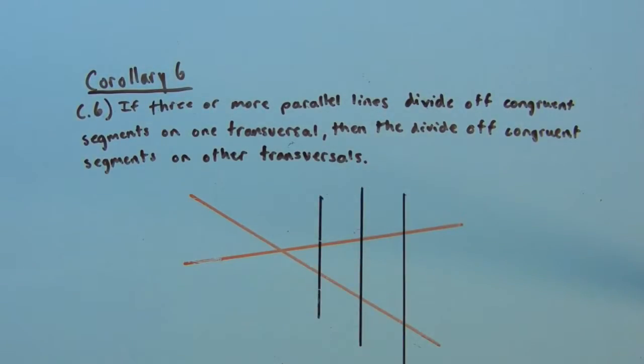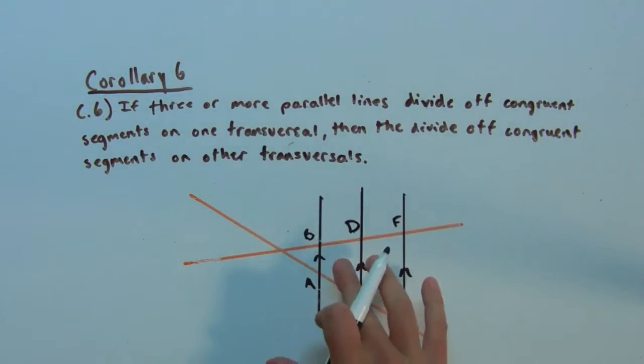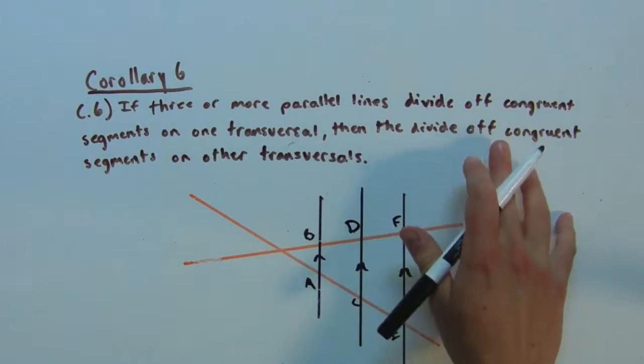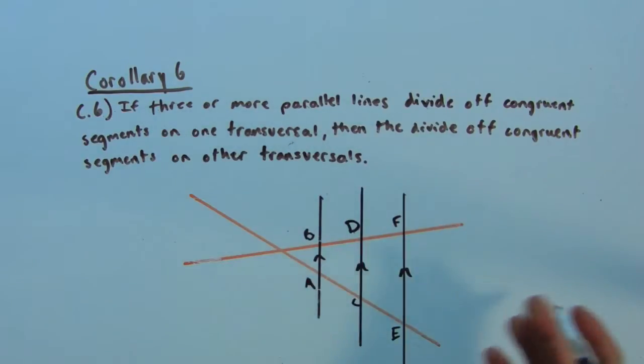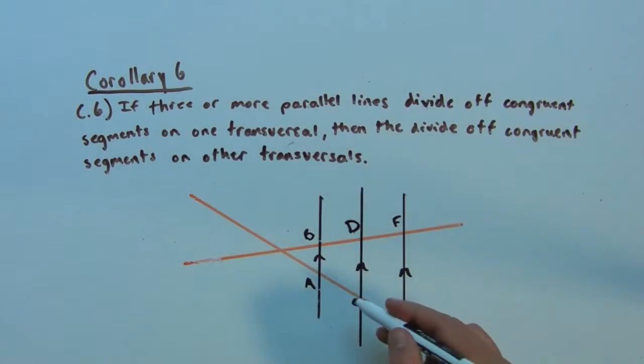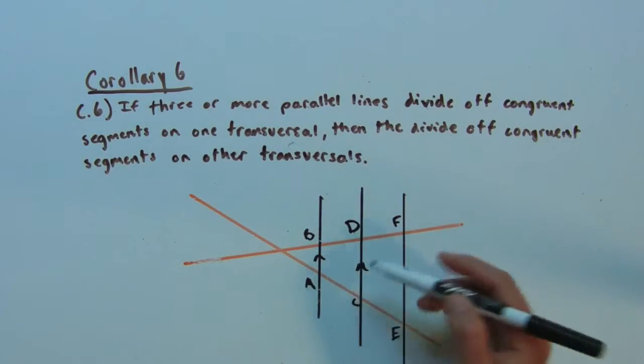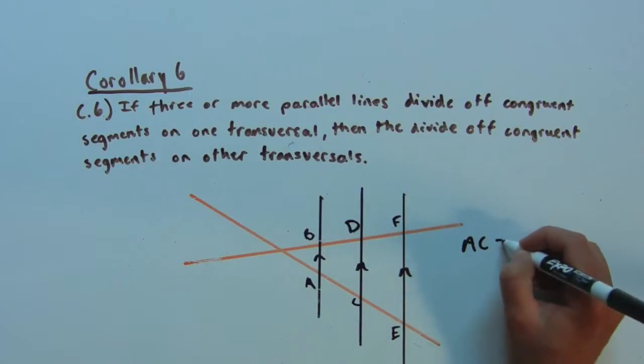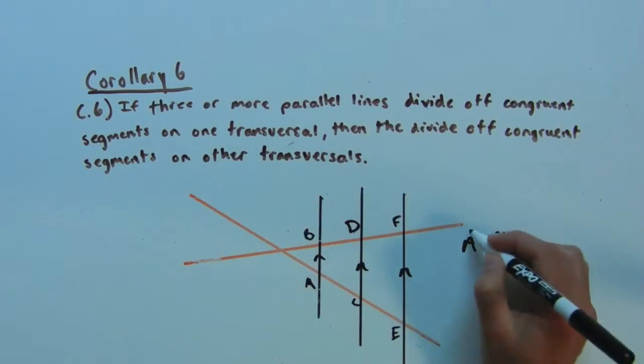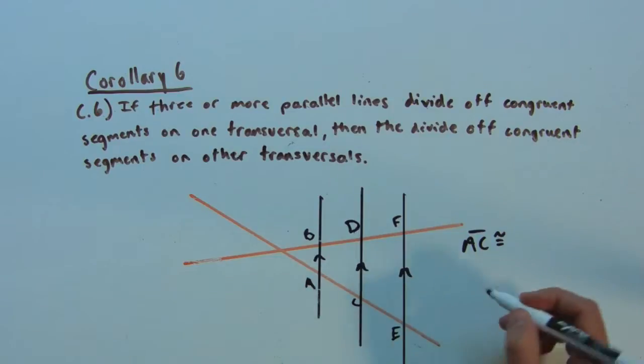Corollary 6, C6, says that if 3 or more parallel lines divide off congruent segments on one transversal, so these 3 parallel lines divide off or separate congruent segments. So that's saying that AC is congruent to CE.